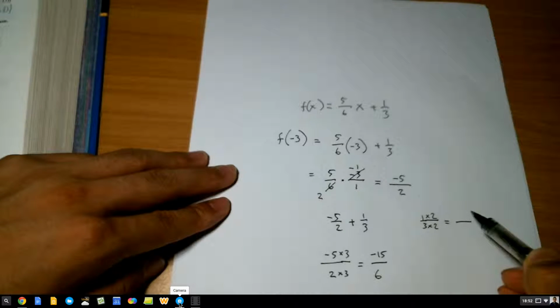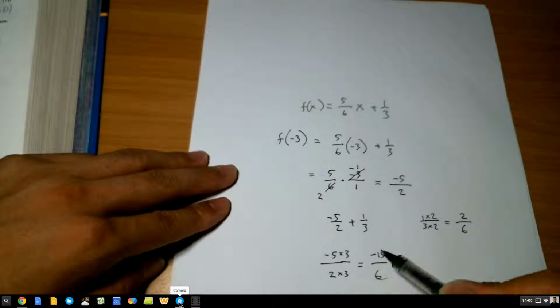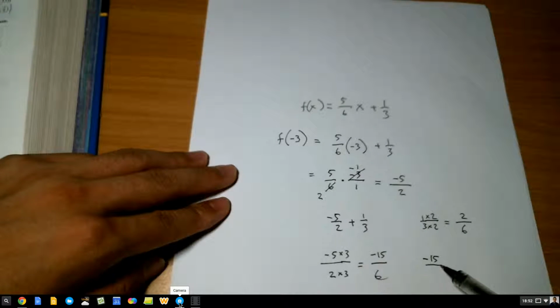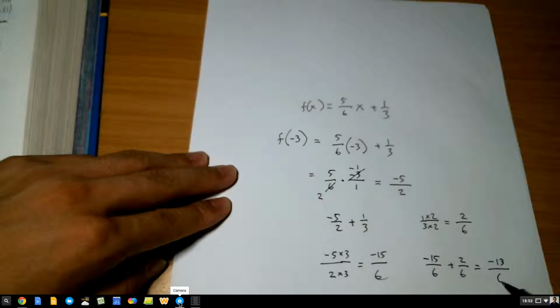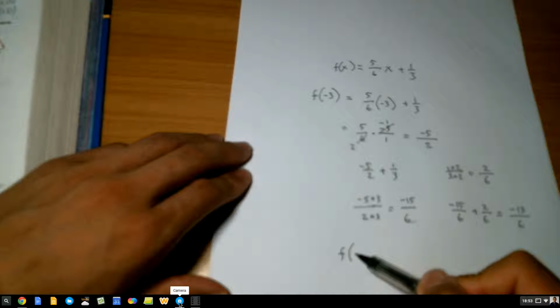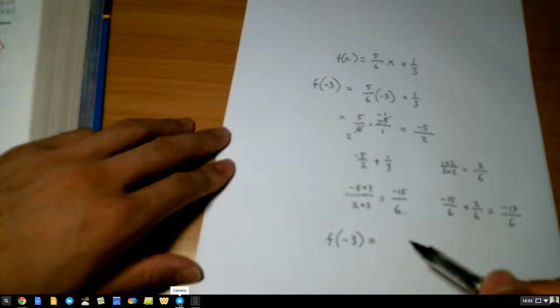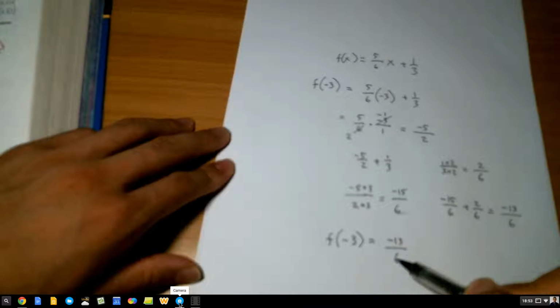So this then becomes 2 over 6. So this one becomes negative 15 over 6 plus 2 over 6. And what do we get? We get negative 15 plus 2, negative 13 over 6. So f of negative 3 is equal to negative 13 over 6.